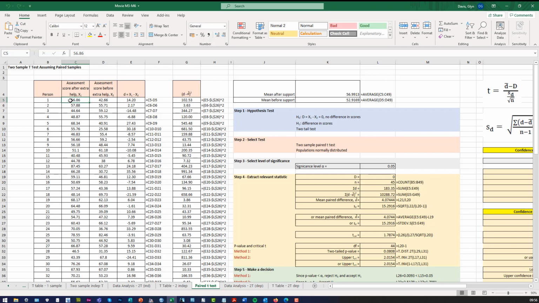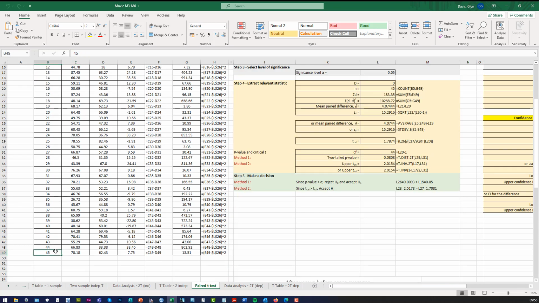So you can see that for each person, the first variable x1 and the second variable x2 are related because they are measuring the same person. Then we repeat the exercise for person 2, and we have 45 people or students in this data collection.